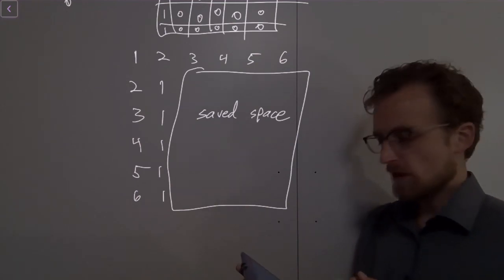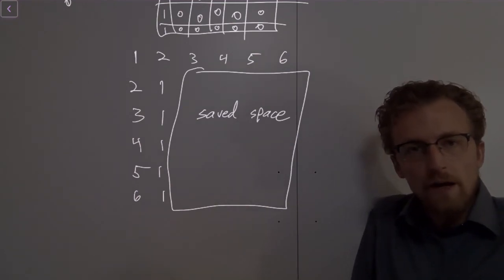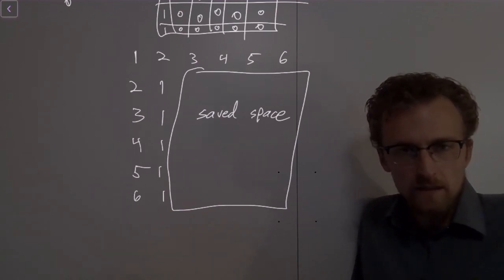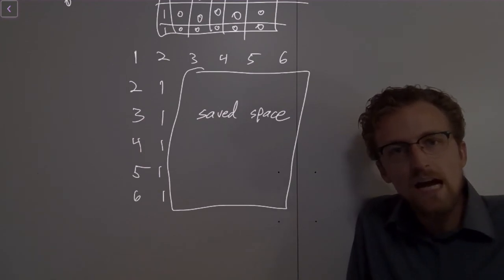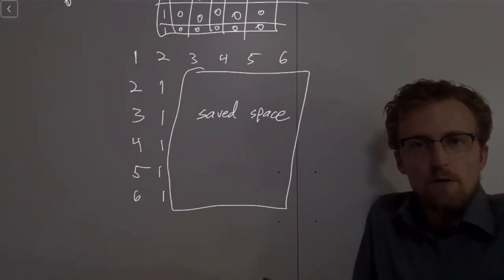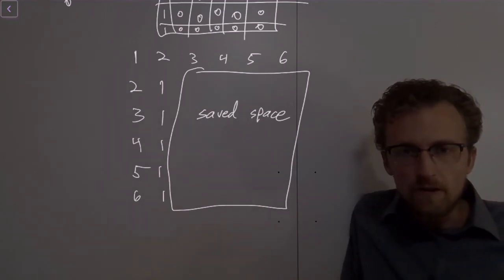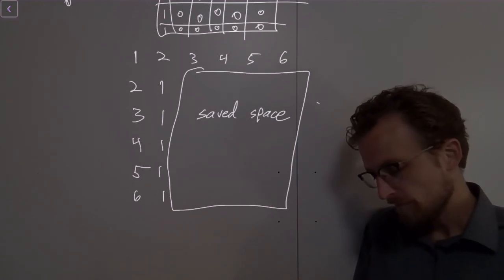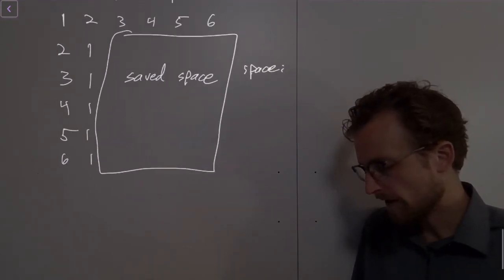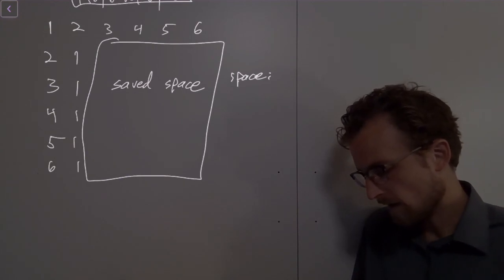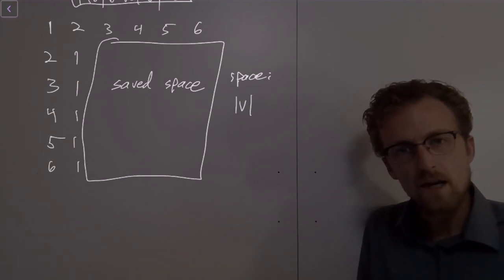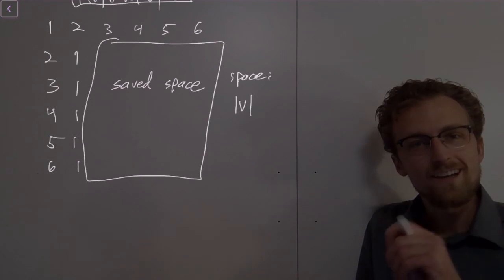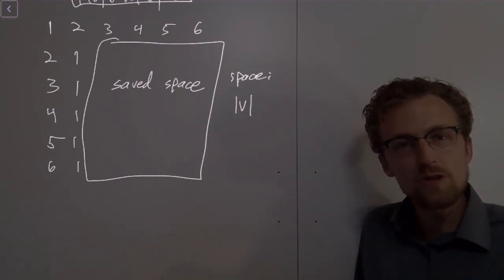The amount of space required to store the adjacency lists still depends a little bit on v. I do need exactly v lists. So if v is huge, if there are tons of vertices, I'll still need as many lists as there are vertices. So I'll have v lists, and each edge appears in at most 2 lists.